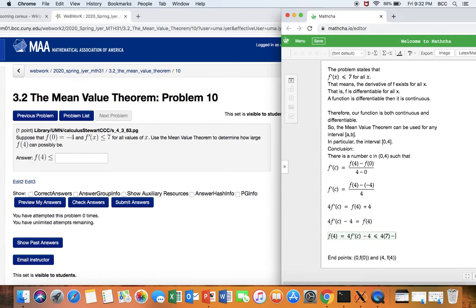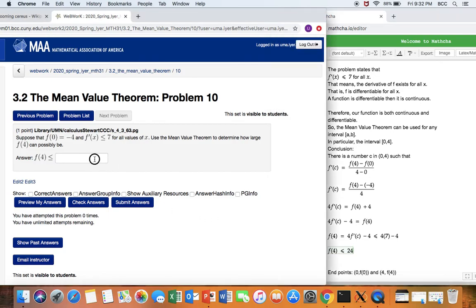If I subtract 4, what do I get? 28 minus 4. Why did I subtract it? Because I had this expression. In other words, what is my conclusion here? f at 4 is less than or equal to 28 minus 4, 24. That's your answer.